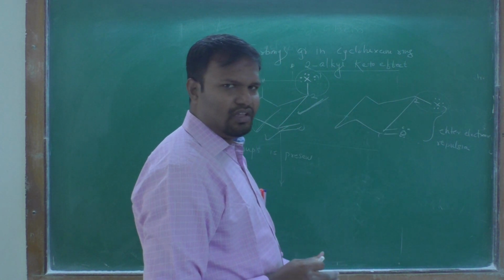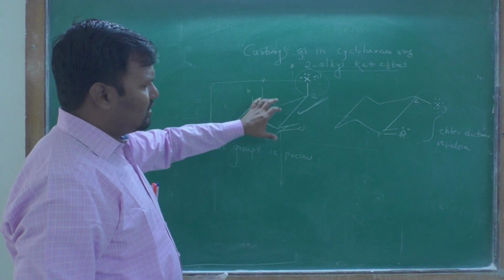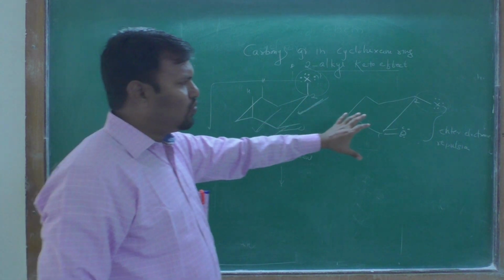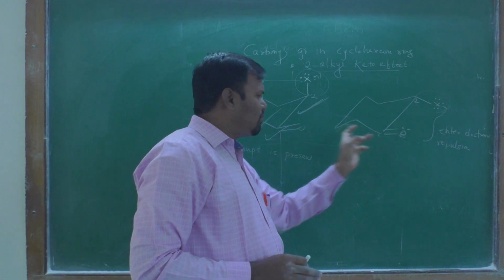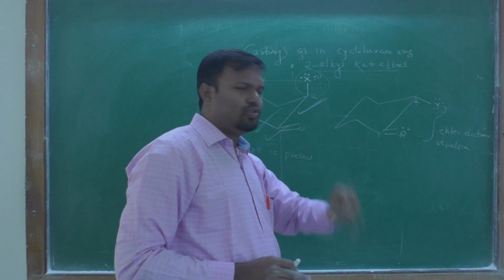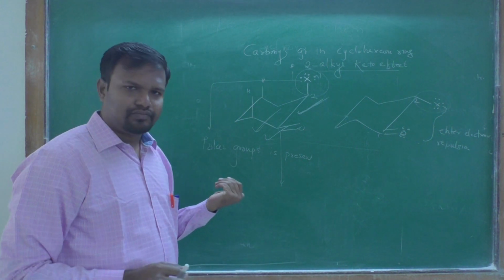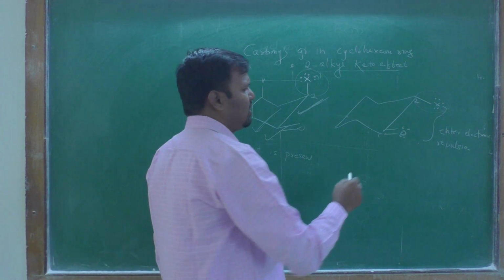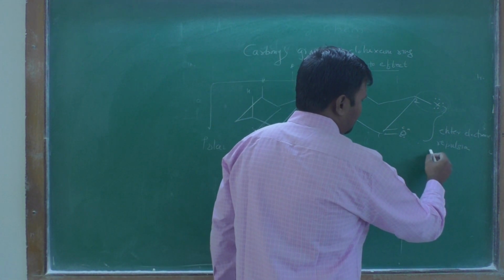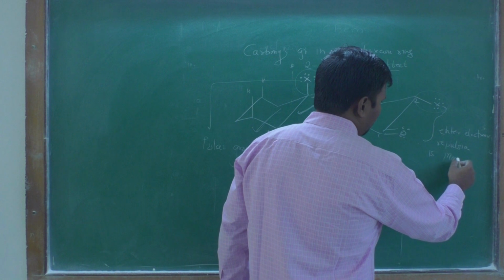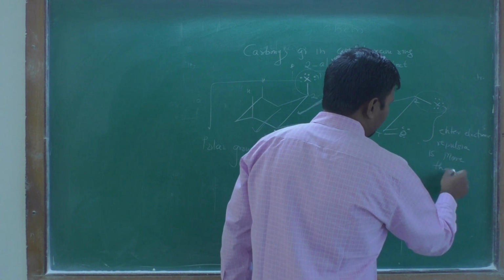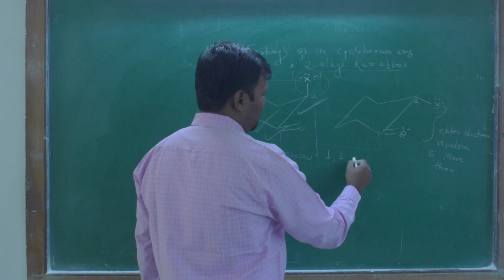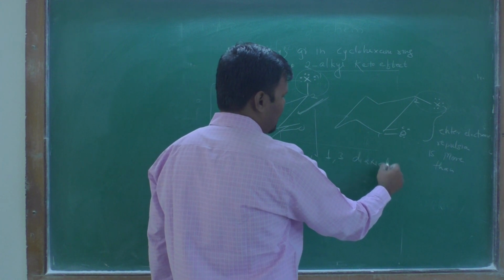But actually it is found that the axial halogen molecule is more stable than the equatorial halogen molecule when the carbonyl group is at the 2 position. Therefore, this inter-electronic repulsion is more than the 1,3 diaxial interaction.